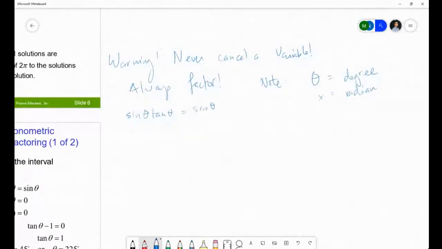Okay, so let's see what happens. You may be tempted to cancel, thinking, oh, I can divide by sine on both sides, and just say tan theta equals 1. So therefore, theta equals 45 degrees in the first quadrant. And then it's also positive in the third quadrant, so theta equals 225 degrees. Okay.